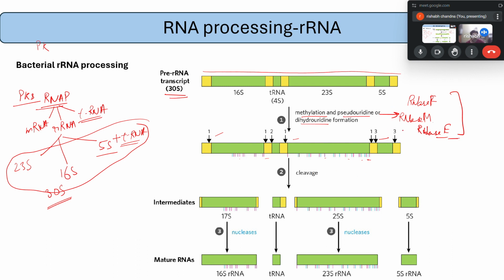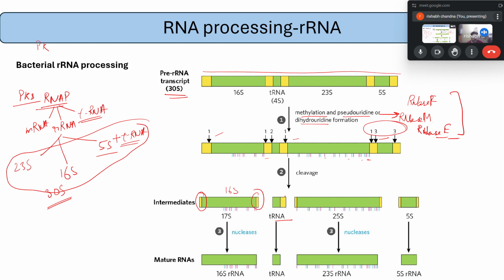So they have different cleavage sites, and now after cleavage, these intermediates are formed. So for the 16S, we have certain extensions at the 5 prime and 3 prime end that are trimmed by the nuclease later. First, these are separated from the original 30S transcript.